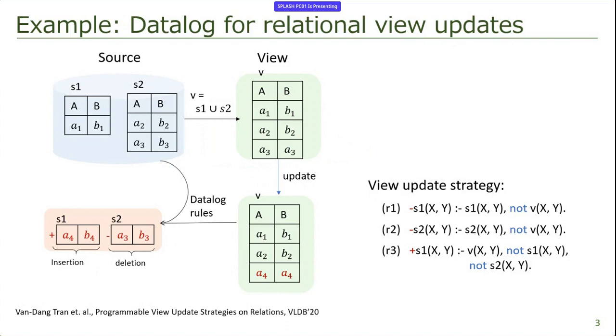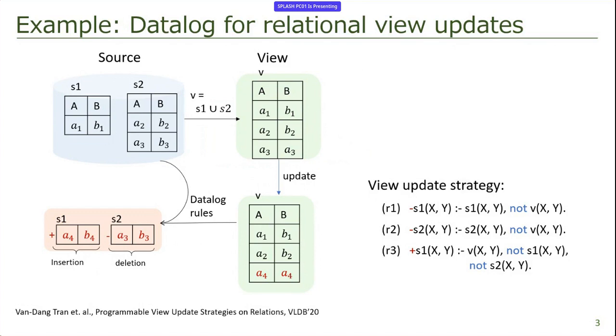In relational databases, we have many source tables. For example, in this slide, I have two simple tables, S1 and S2. And we usually define several logical views over the source tables. For example, I define a view which is a union of S1 and S2.